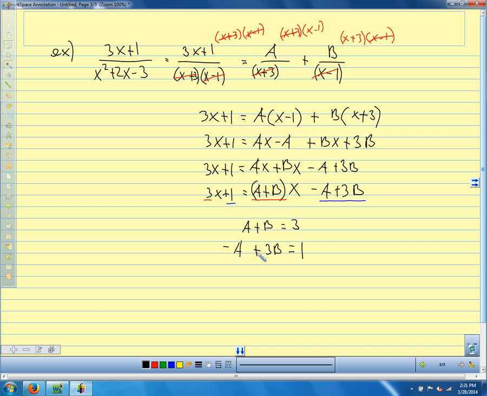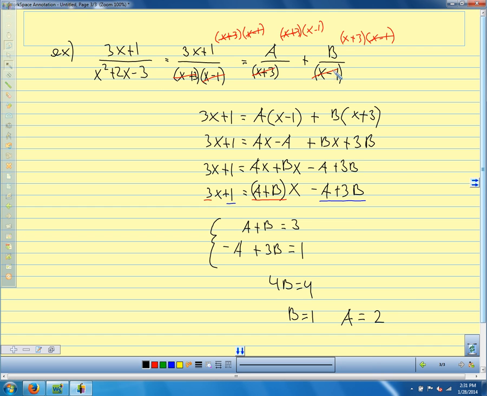Now I have a system of two equations, two variables. If I add these two equations together, the A's go away. Adding them, I get 4B equals 4, so B equals 1. A plus B equals 3, so A has to equal 2.